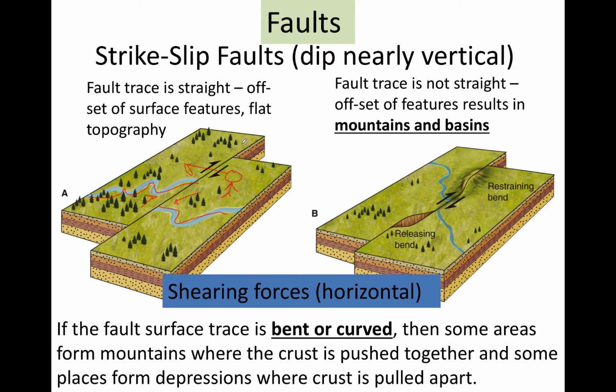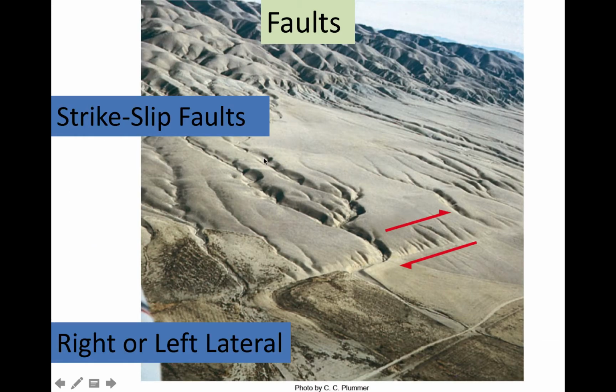So that's a right lateral, okay? Right lateral. If I stand on the other side, you're maybe asking the question, does it work the same way? I can pick any block, I look across, right? This segment here used to be connected to where I am over here, to this segment, and it's shifted to the right. So it's still an example of a right lateral fault.